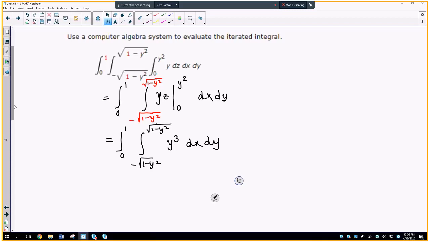So now it's time to do the integration with respect to x. Again, you don't have any x term other than the constant function 1. So your integration is going to be y to the power 3 x, limits being minus square root of 1 minus y squared to plus square root of 1 minus y squared. And it is required to be integrated with respect to the variable y.